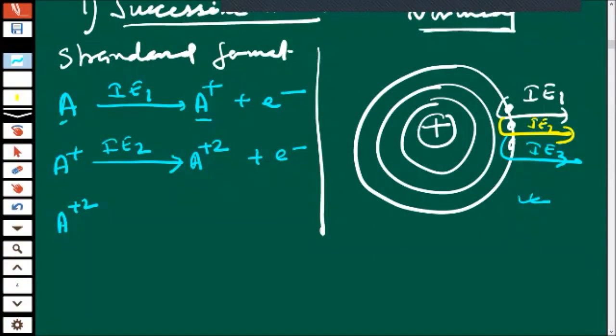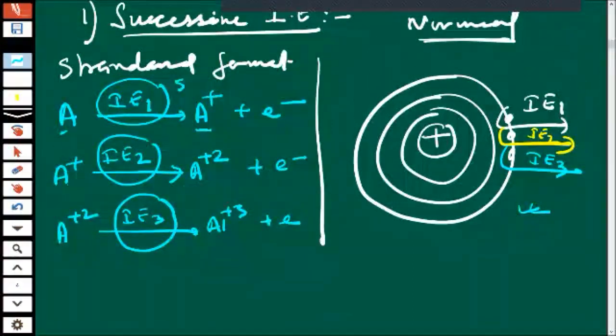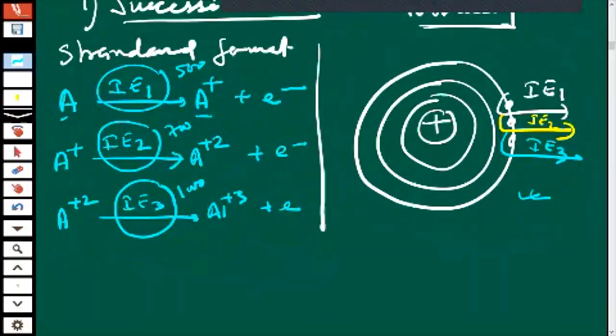First this is bigger, then this is smaller, this is even smaller. If you want to remove an electron further, it will become Al plus 3 and lose another electron. So what will be the order? Here you use less energy, here more energy, here even more energy. Suppose you used 500 kilojoule here, you have to use some 700 kilojoule here, and some 1000 kilojoule here, like this.